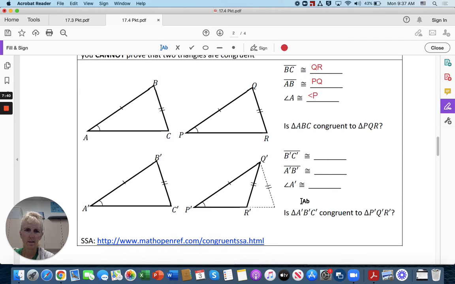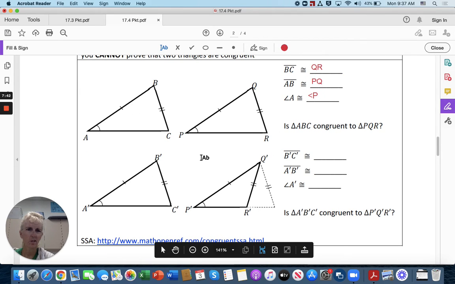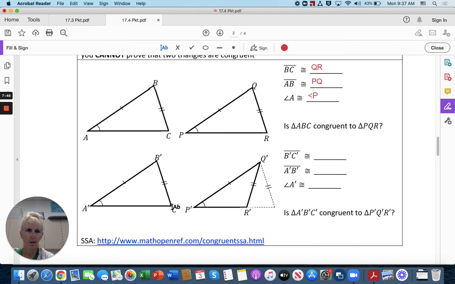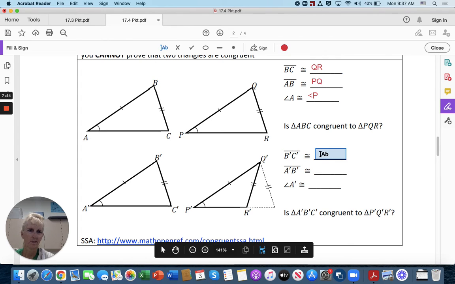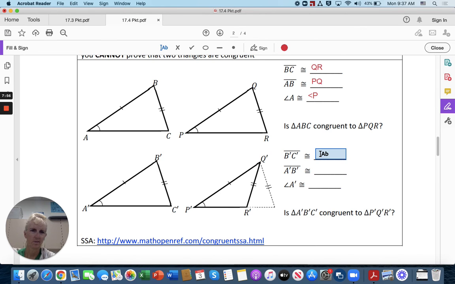Okay. Are these two congruent? B prime C prime is congruent to Q prime R prime? No. A prime B prime is congruent to PQ.